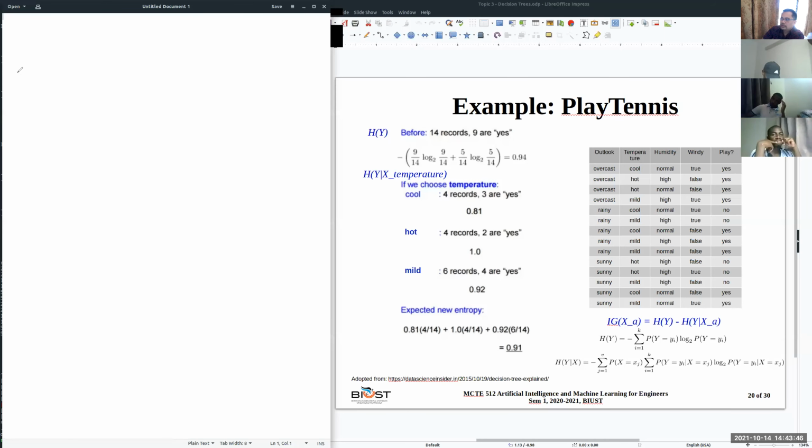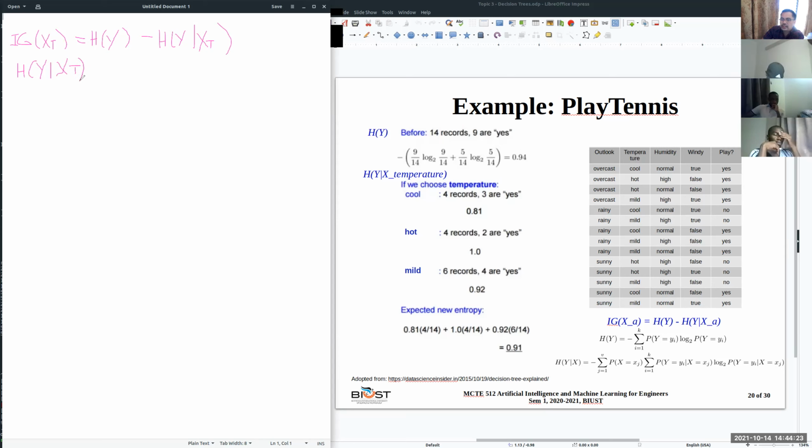Now we are taking the information gain in terms of X attribute temperature, which is equal to H of the output Y absolute minus H of the Y output given the attribute X of the temperature.